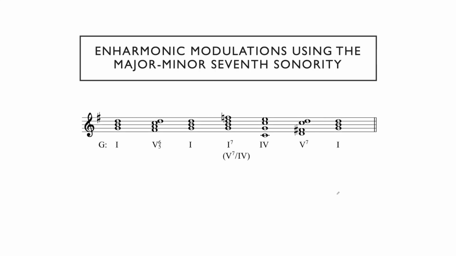Let's say we have a harmonic progression in G major. It begins with the tonic and we have a usual neighboring here. After that we have a tonicization of the 4 with 5-7 of 4 and 4.